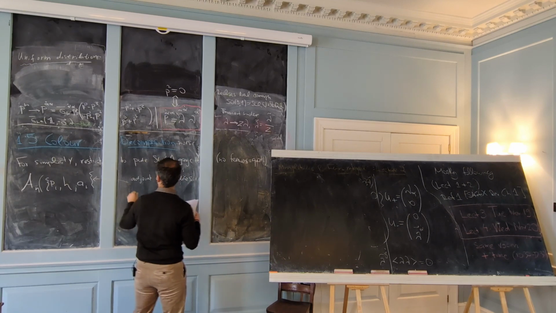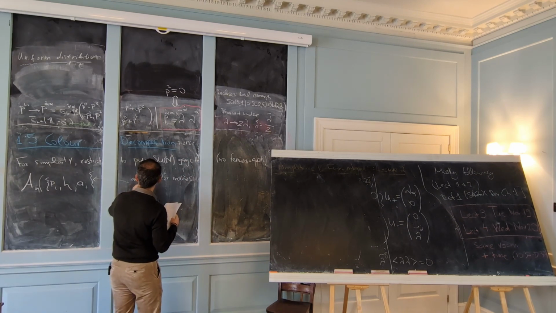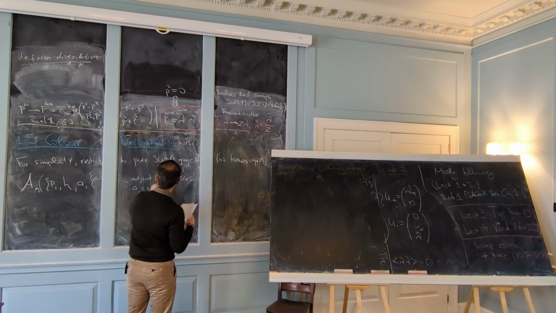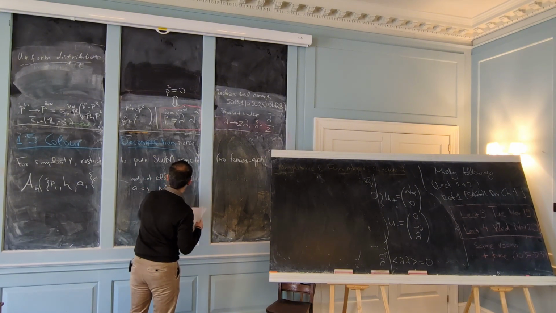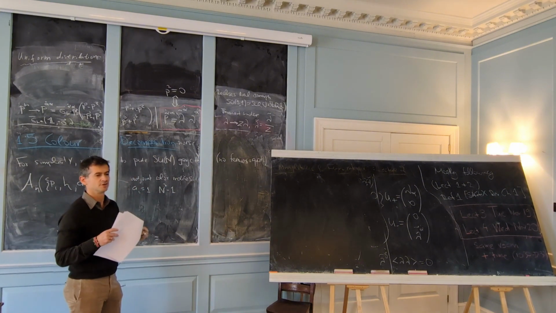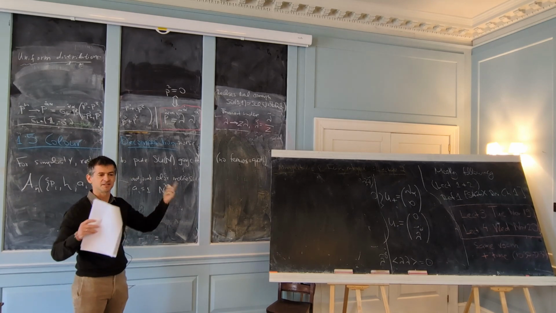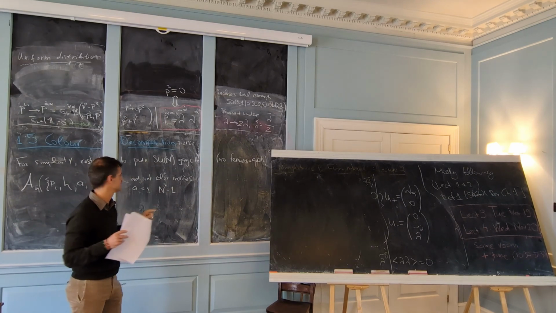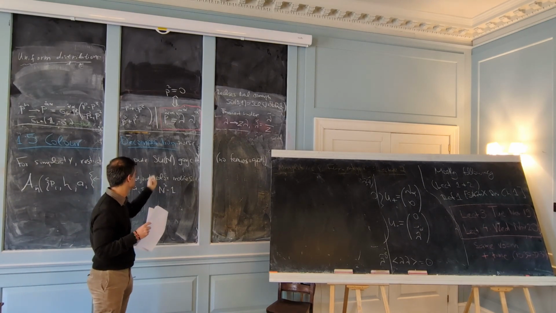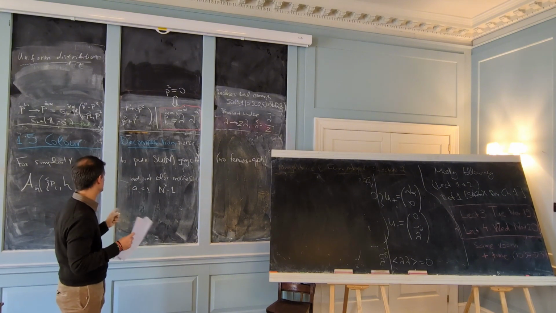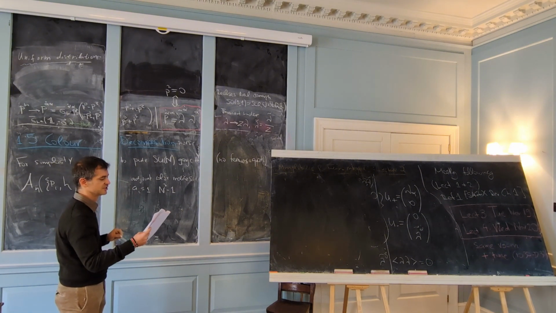Namely, the index alpha_i goes from 1 to N squared minus 1. So for SU(3), there are 8 types of gluons. So these are adjoint indices. The gluons are in the adjoint representation.